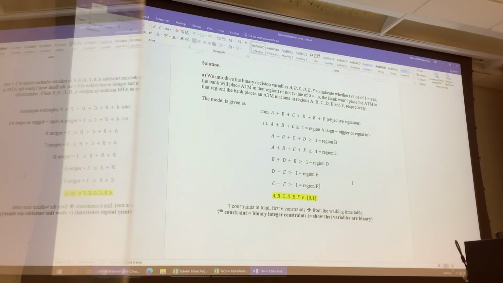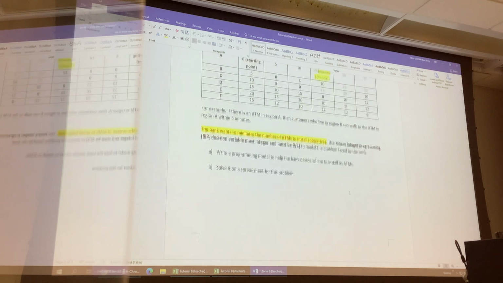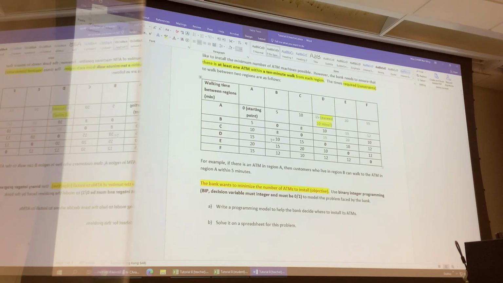So region D, that is here. Cross out the region A, region C, and then region F. So we have B and D and E remaining.